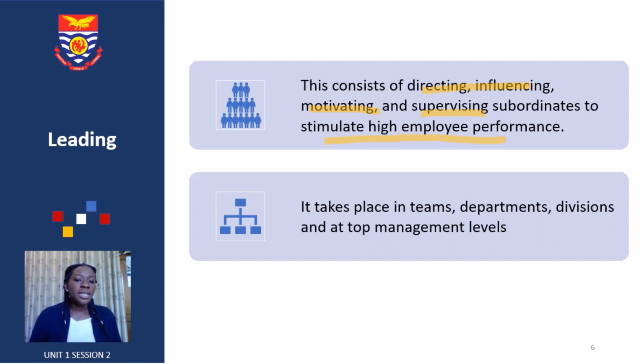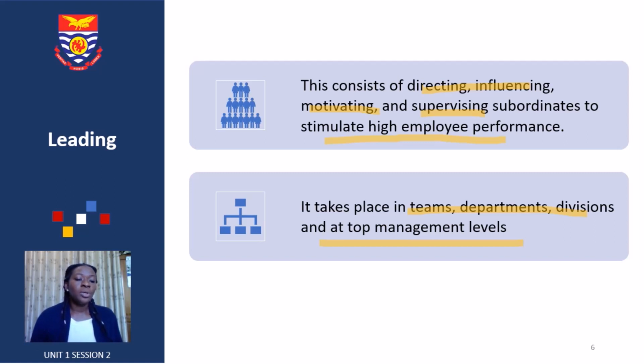And so this takes place in teams, in departments, divisions, and at top management levels. When it comes to leading, it's running through the organizational structure as well. And so, like we made mention, group activities are all falling under what?